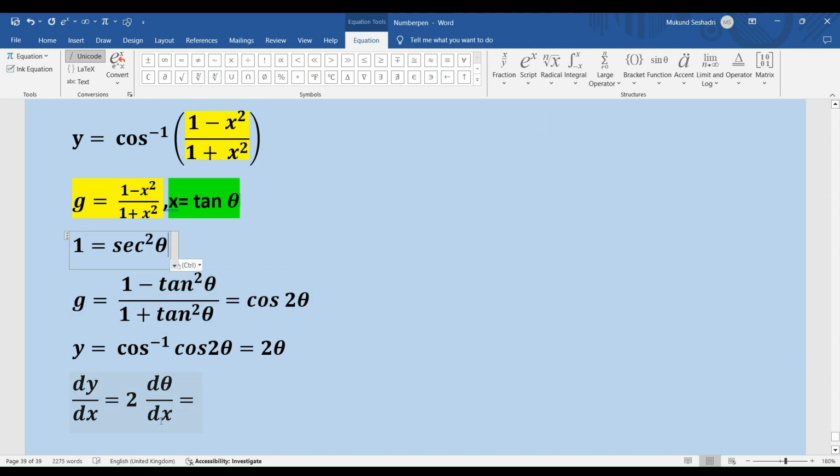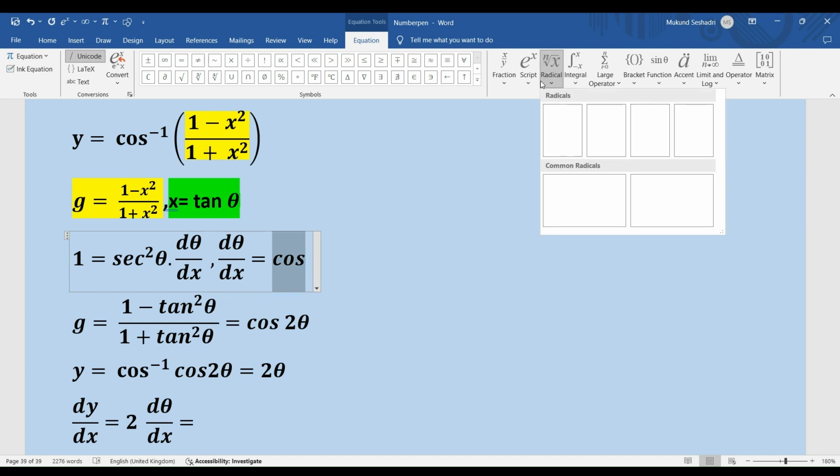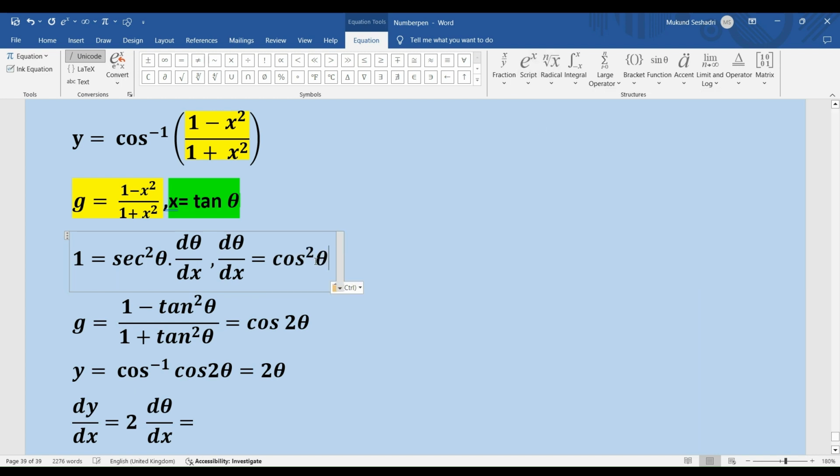So I have a secant square theta into d theta by dx, right? And which means my d theta by dx, I'm putting it in the same line, is equal to 1 divided by secant square theta, which is nothing but a cos square theta. So we have the answer for my d theta by dx, right?